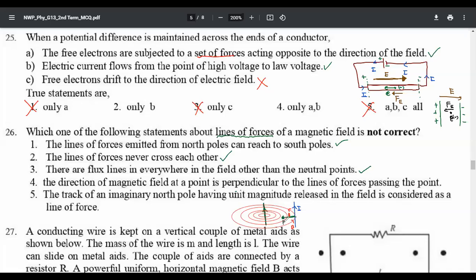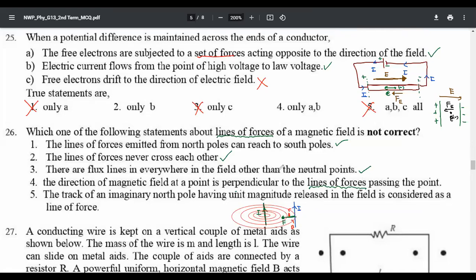I'm just a little confused about what they're talking about, this force thing. The direction of magnetic field at a point is perpendicular to the lines of forces passing the point. So what do they mean by lines of forces? I think by that they mean the field lines, because the first two say lines of forces never cross each other, and lines of forces emit from North Pole and reach South Pole.